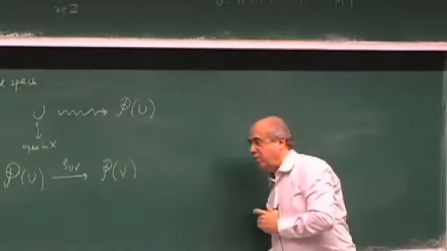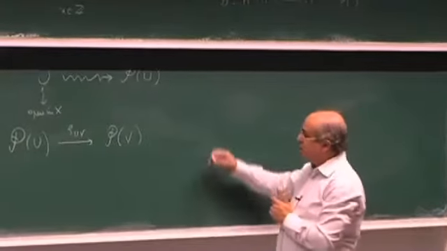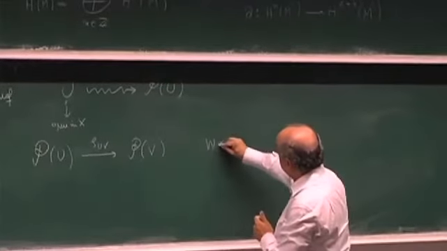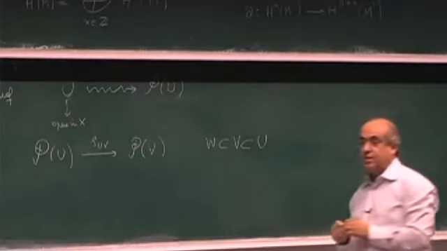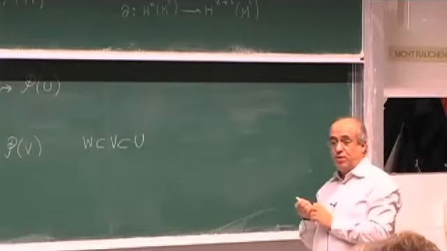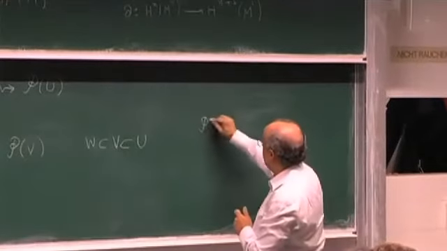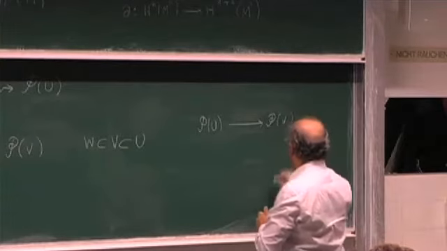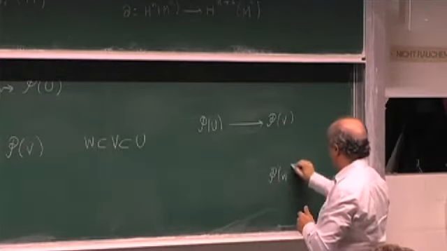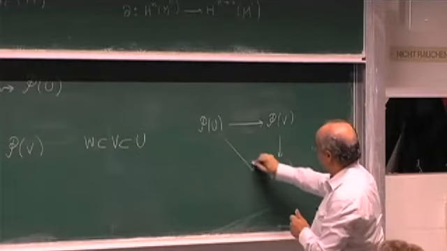But we want more compatibility conditions. In particular, we want the following. Suppose you have three nested open sets. Of course, W is also open in U. So in order to go from U to W, there are two different ways, and you want these two ways to give the same result.